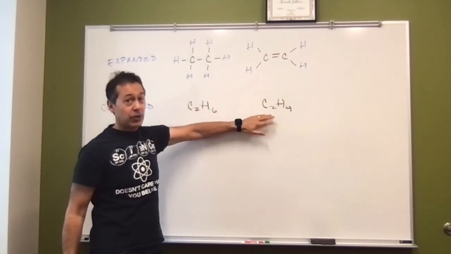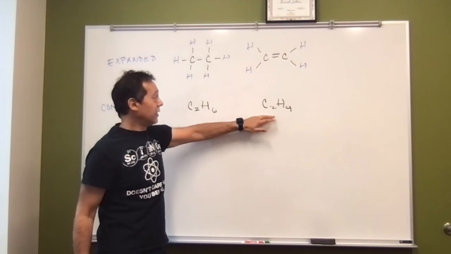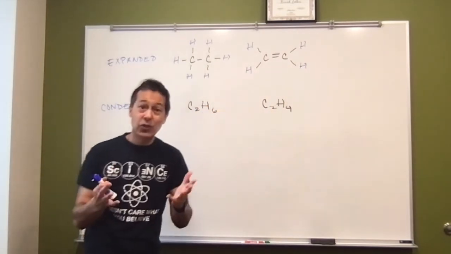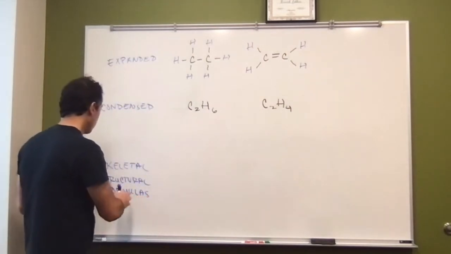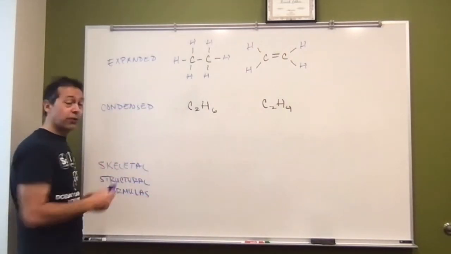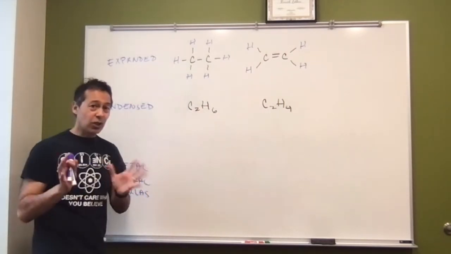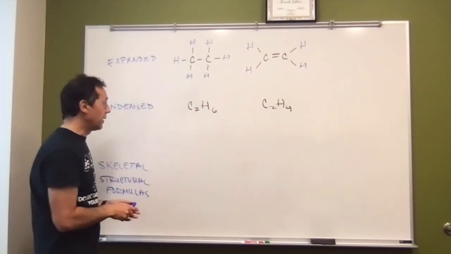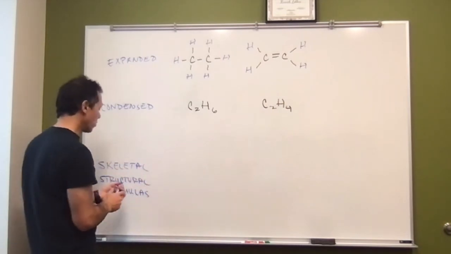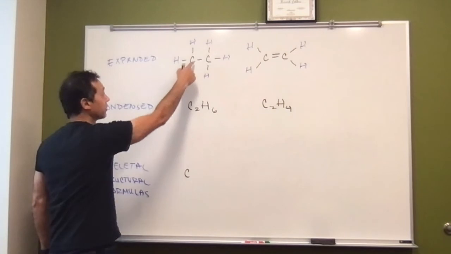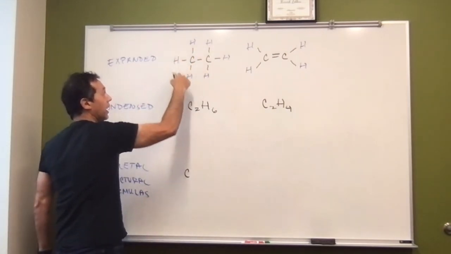It's easier to write this out. It's quicker, but it just assumes that we can recognize, oh, there's a double bond in there. We might not see that. And so this is where the skeletal structural formula comes in. This is kind of a combination of these two and makes it a little bit easier for us to see what's going on. So for the skeletal structural formula, I would have a carbon atom with 3 hydrogens attached to it.